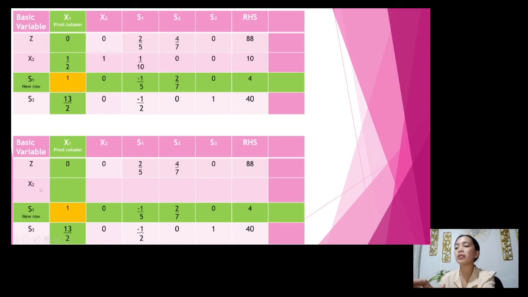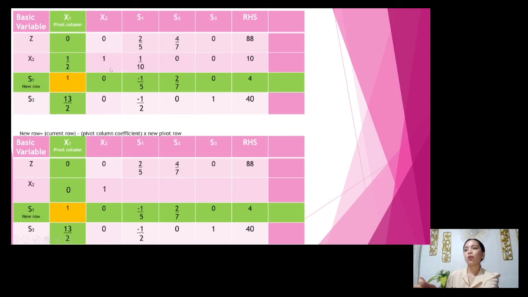So we will proceed to our next row. 1 half minus 1 half times 1 is 0. Next is 1 minus 1 over 2 multiplied by 0, which is 1.